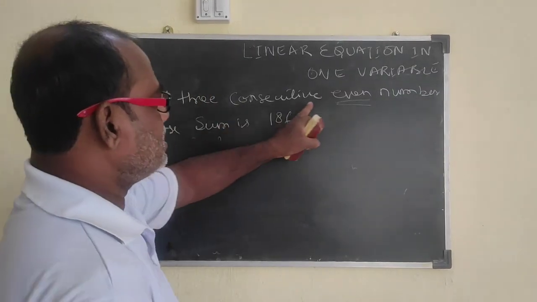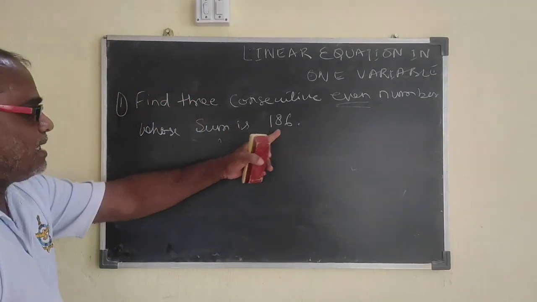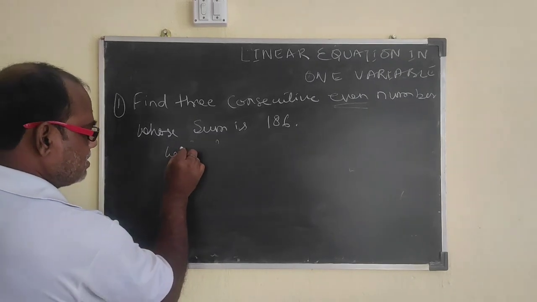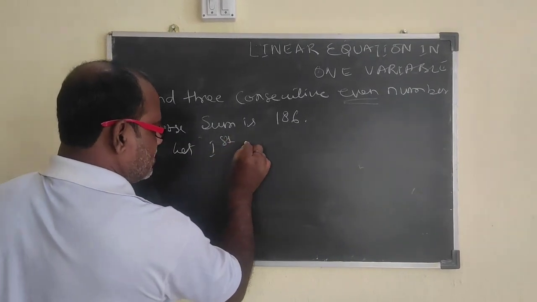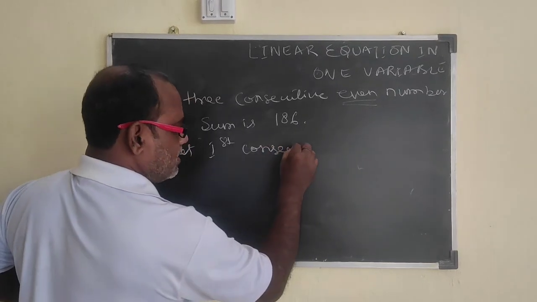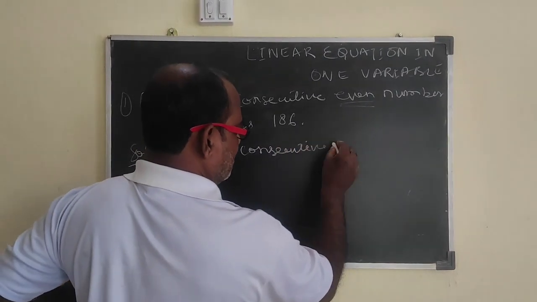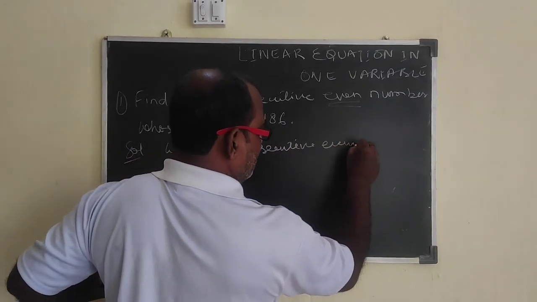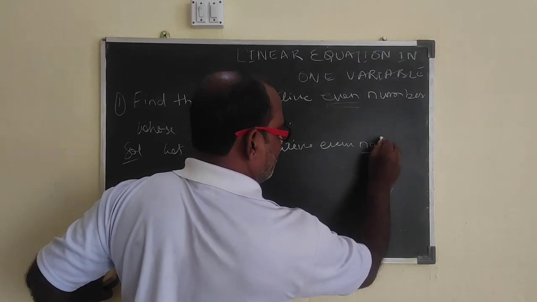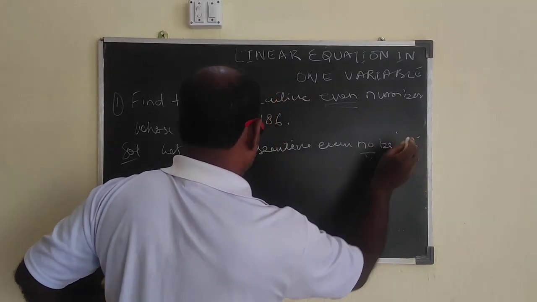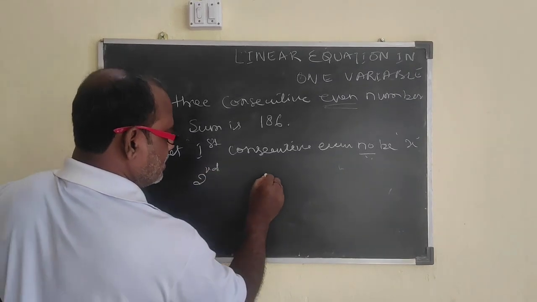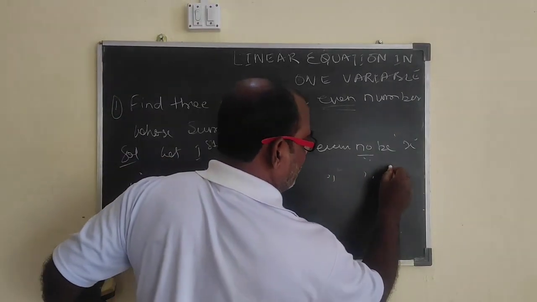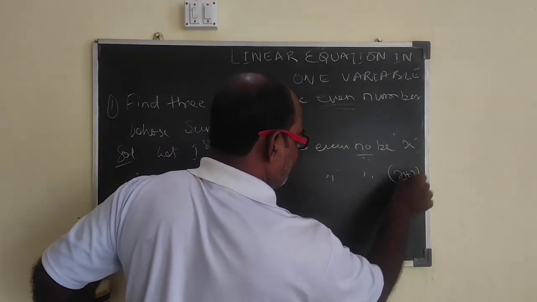Find three consecutive even numbers whose sum is 186. Solution: let the first consecutive even number be x. Therefore, the second consecutive even number will be x + 2.